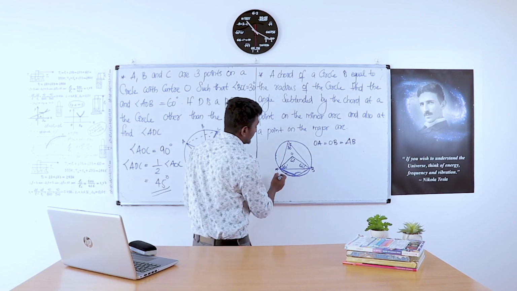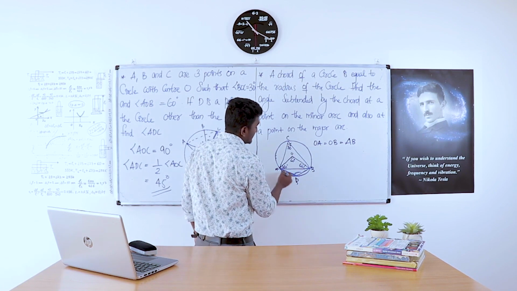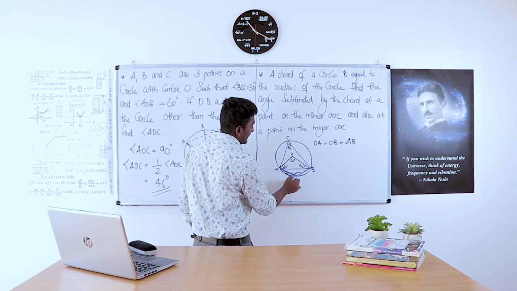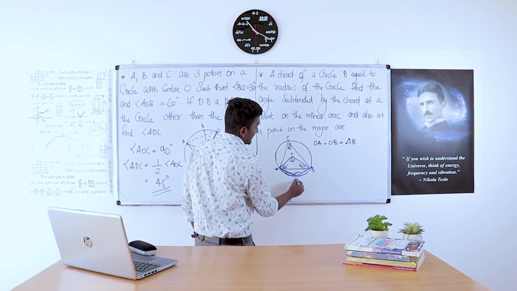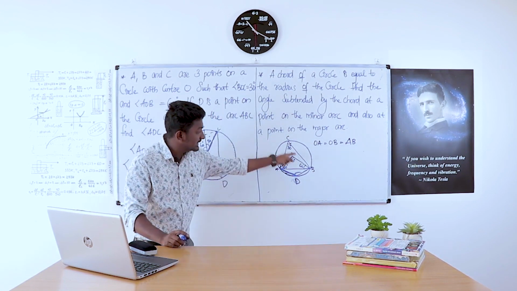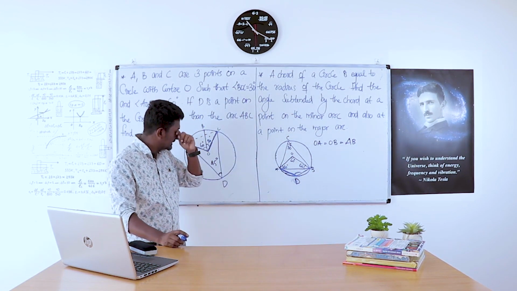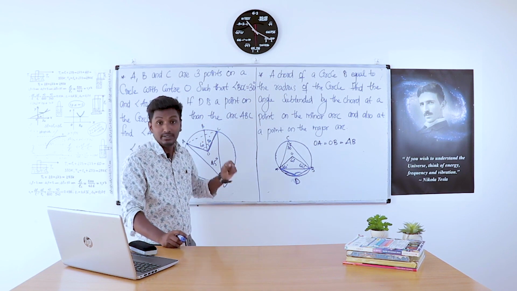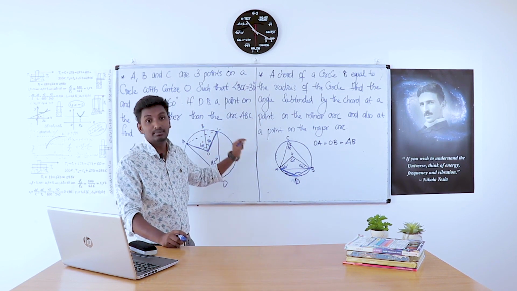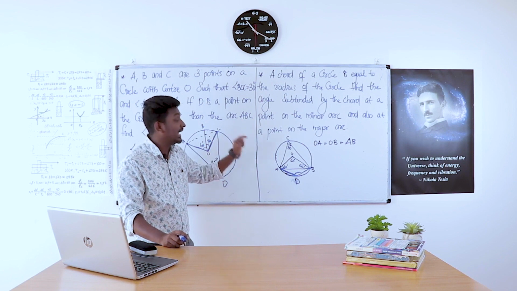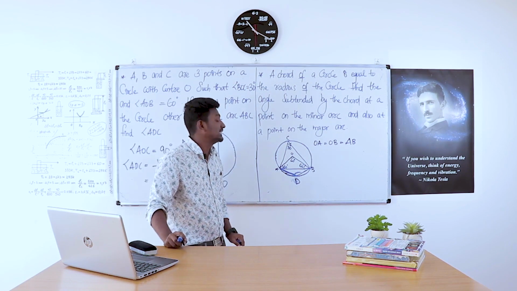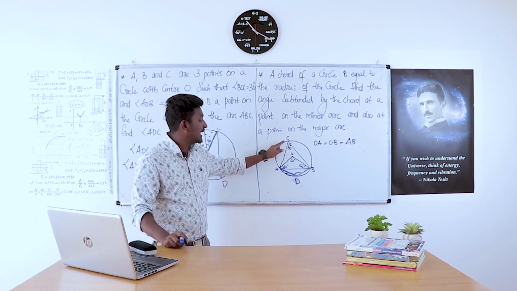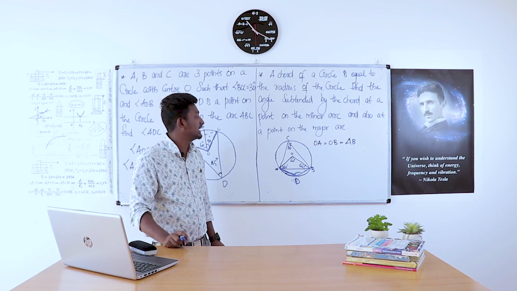How? When we consider this, look, ACBD. This is a cyclic quadrilateral. All the four vertices lie on a circle. Then we can say that by theorem, for a cyclic quadrilateral, either pair of opposite angles are supplementary. So angle C and angle D are opposite angles.